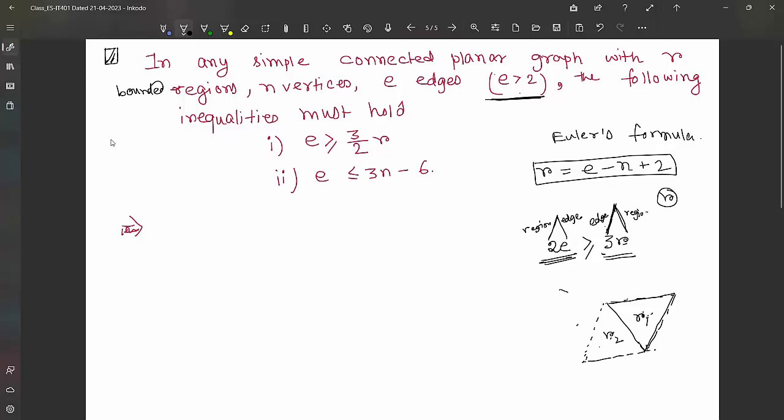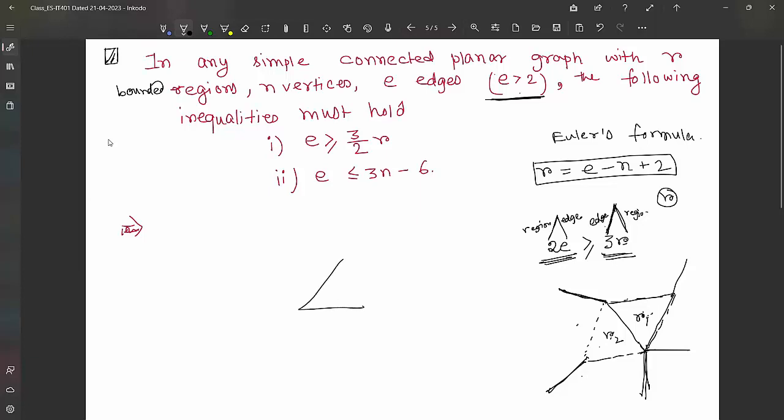And there may be some edges which do not produce any regions, only contributing to one region. So this number of edges is always greater. So this left hand side portion is always greater than the right hand portion. Now tell me, is it clear? Why is the left hand side greater than the right hand side?